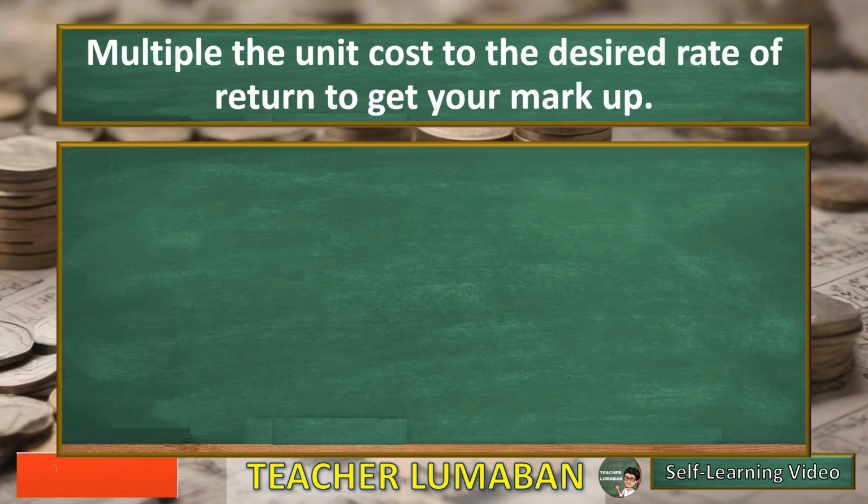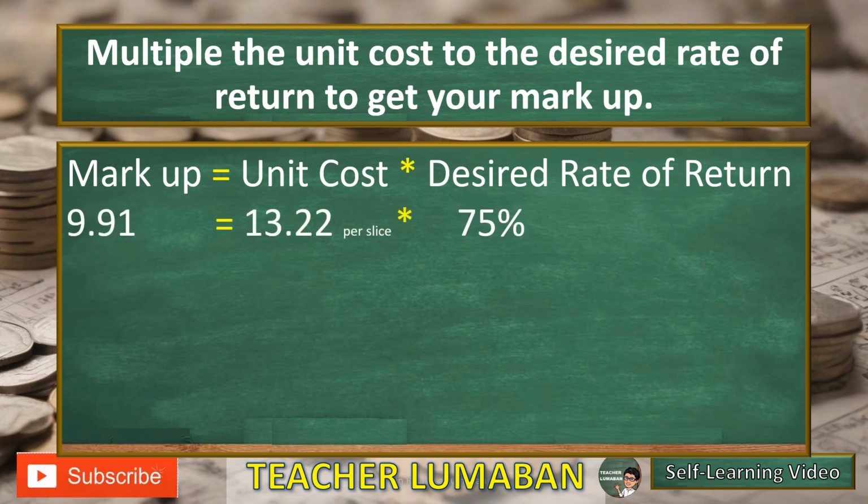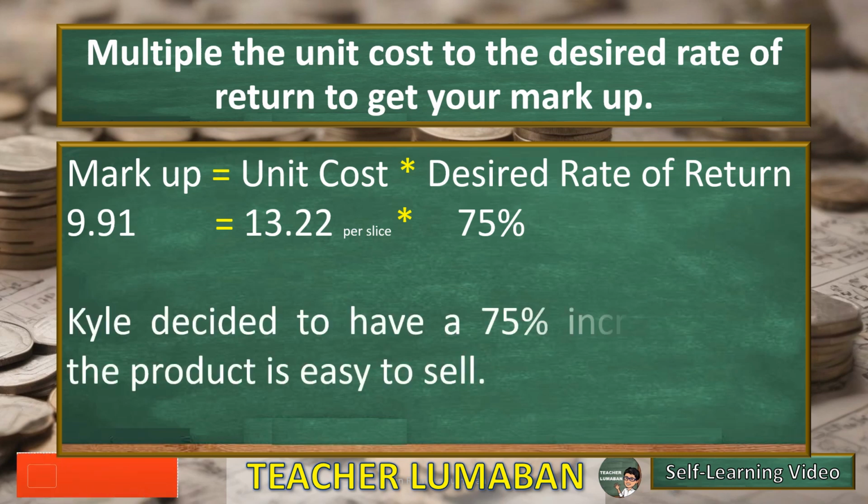Multiply the unit cost by the desired rate of return to get your markup. Markup equals unit cost multiplied by desired rate of return. 9.91 equals 13.22 per slice multiplied by 75%. Kyle decided to have a 75% increase since the product is easy to sell.